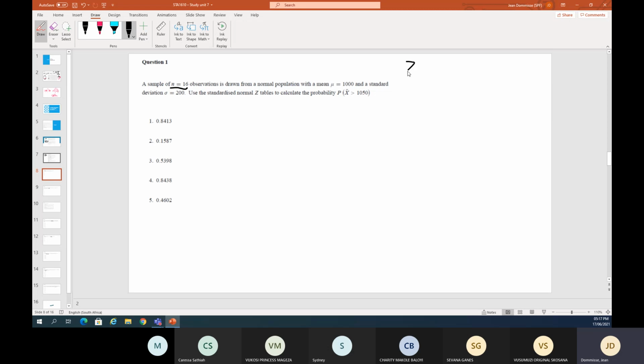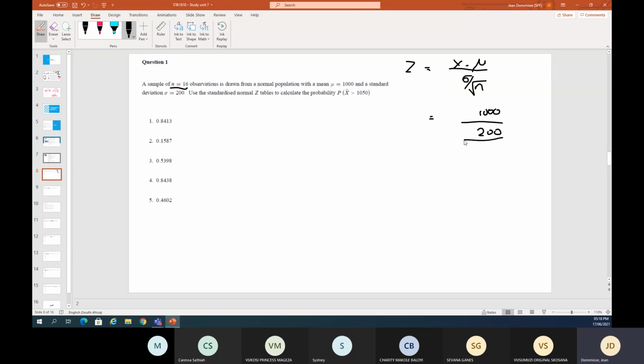So when I look at these questions, I know this is going to be my formula, so I just always write it out so that I can work with that. So n is going to be 16 observations drawn from a normal population with a mean of 1,000, and a standard deviation of 200.